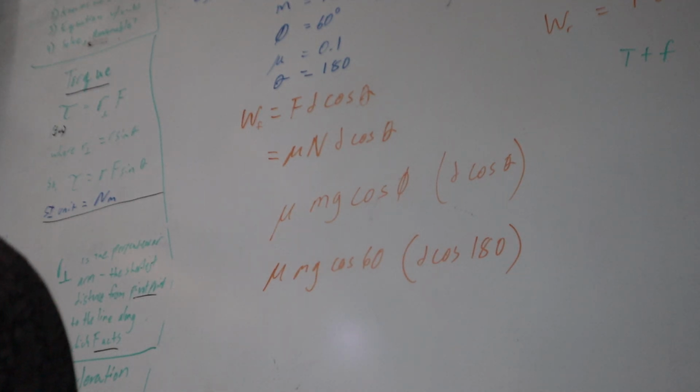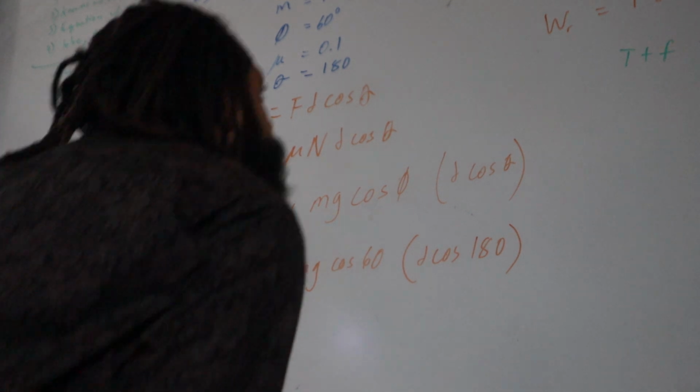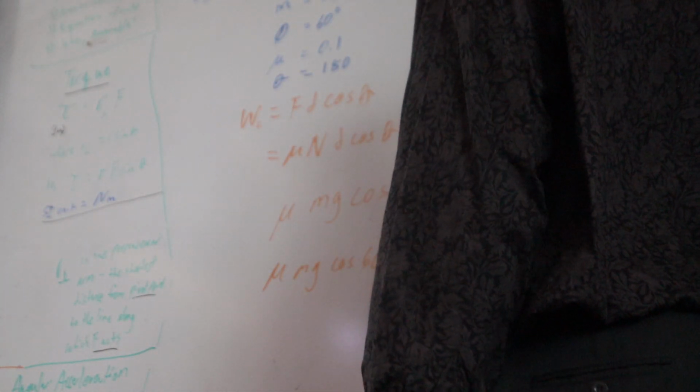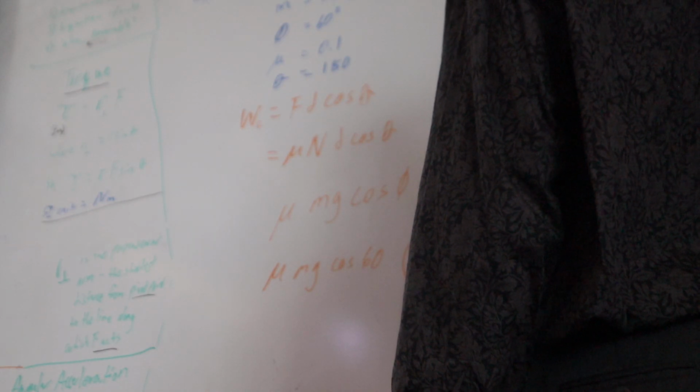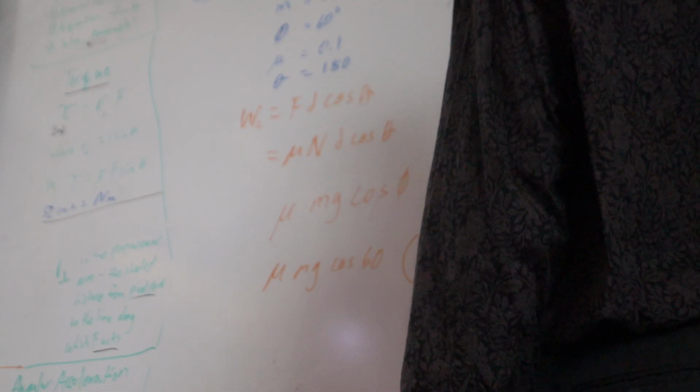So that way, because I know my force of friction, so now I'm gonna put in T equals the force of friction times mg sine of phi.